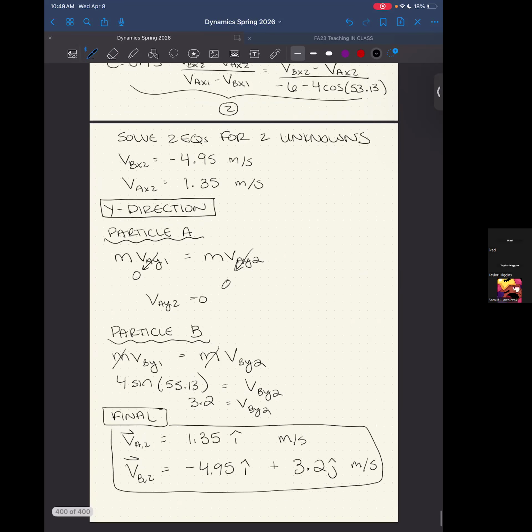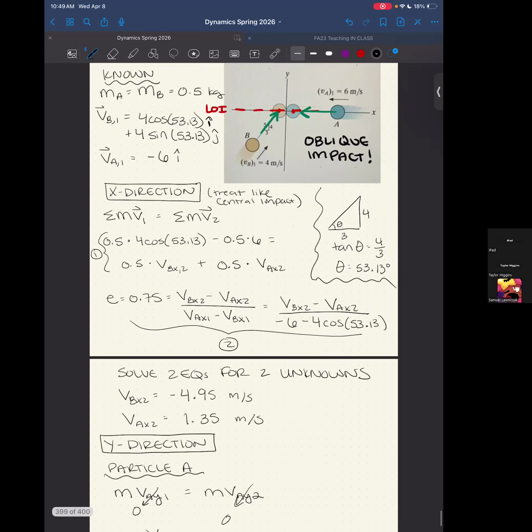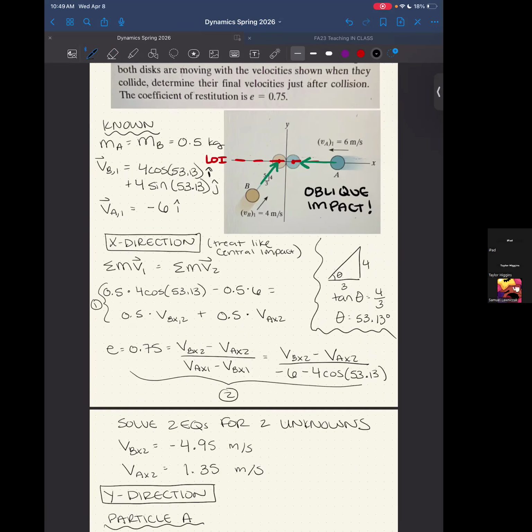Could you go back to solving the X direction? I sure can. It's pretty much just this, and then rotate one and then impulse, and then we're done.